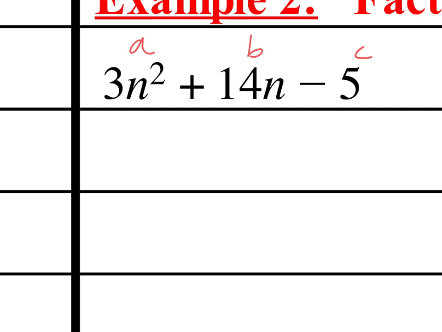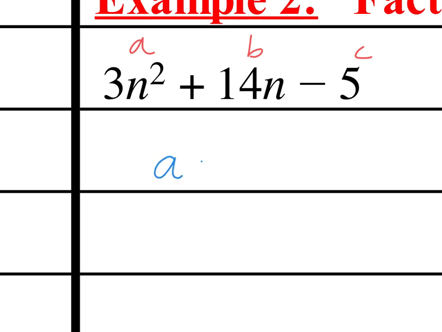Okay, step 1, GCF. Is there a GCF between 3, 14, and negative 5? No. Move on. Is A equal to 1? No, it's 3. Is A not equal to 1? Right, it's not equal to 1, so you're going to multiply A times C.